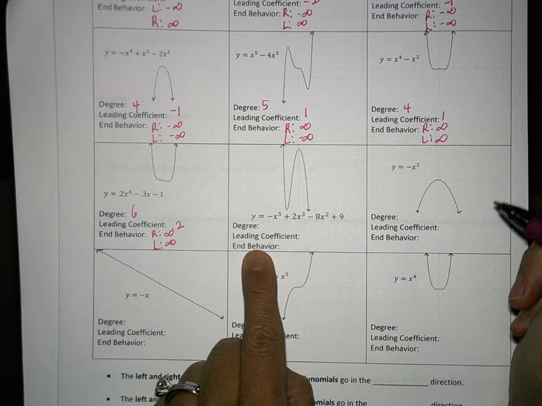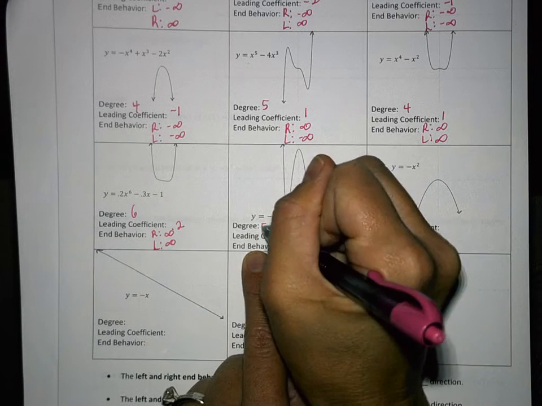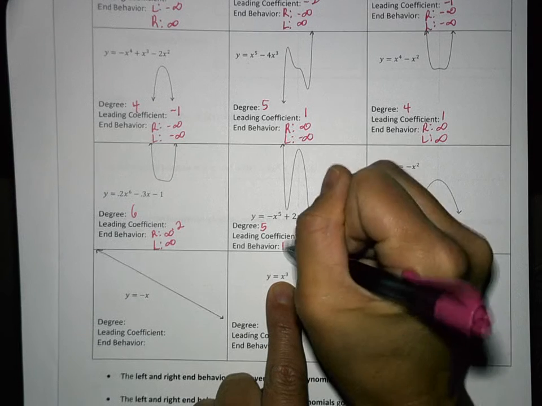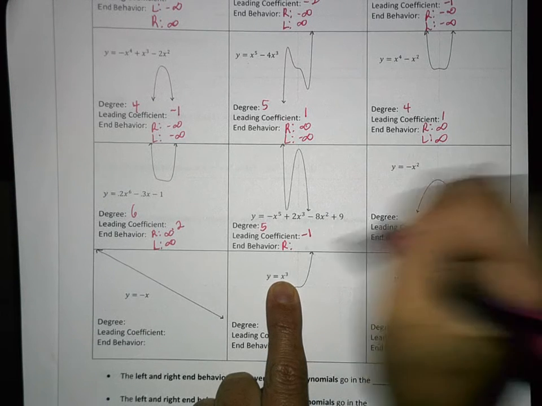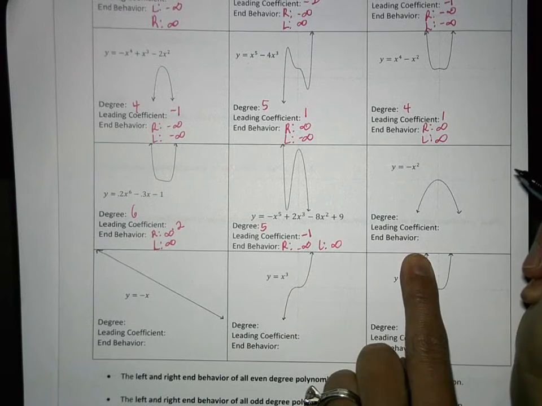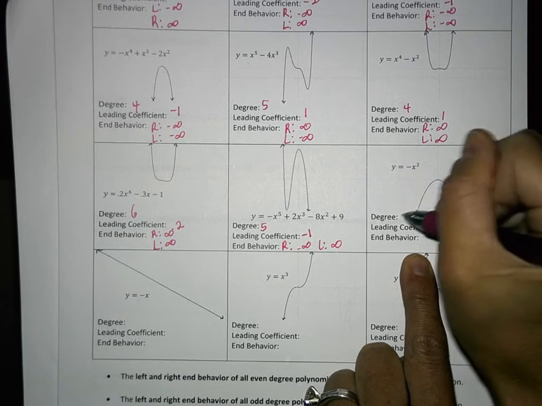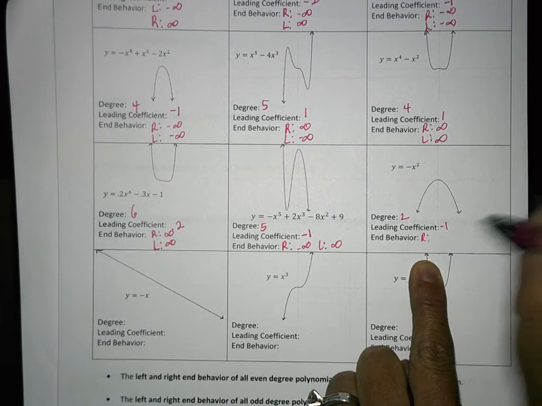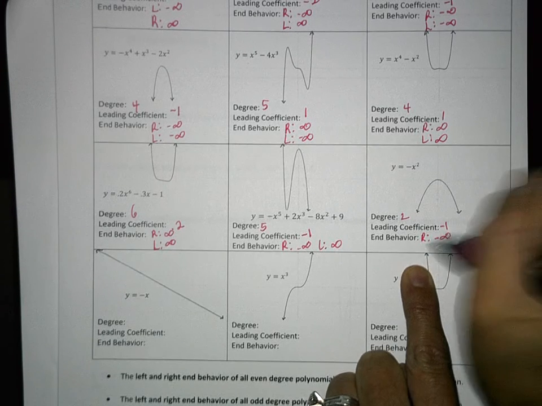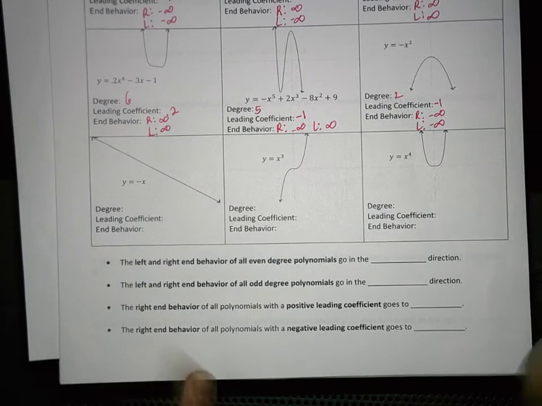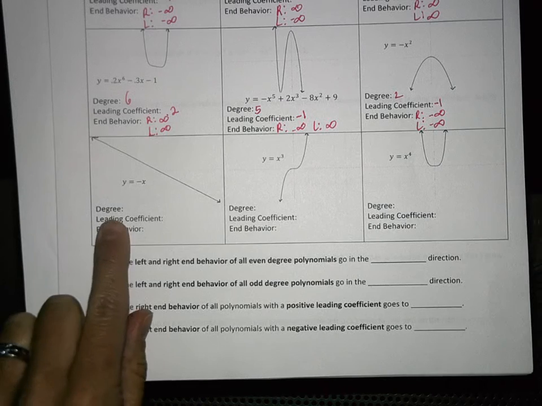Okay, degree on the next one. 5. Leading coefficient. The end behavior on the right is going to negative infinity, and the left is good. Next one, degree is 2. Leading coefficient, right end behavior, and left end behavior. Good. Okay, last row here. What's the degree on this one? 1.